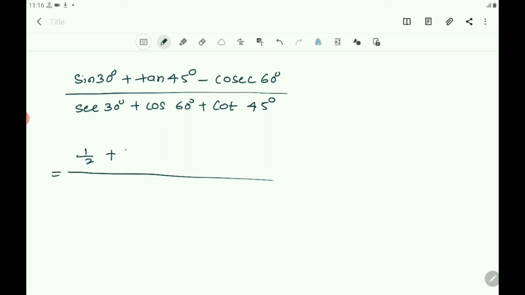Tan 45 degree is 1, minus cosec 60 degree. Cosec 60 degree is 2 by root 3.